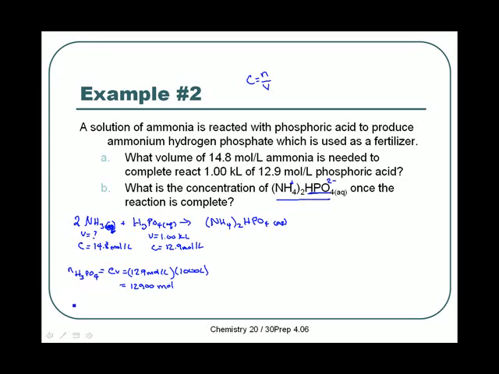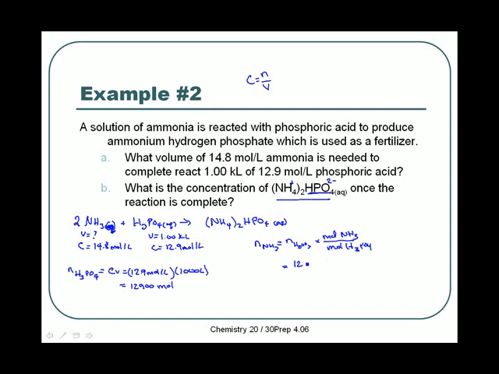And now I can find the number of moles of my unknown, the number of moles of NH3, which is equal to the number of moles of H3PO4 times my mole ratio, which is moles of NH3 over moles of H3PO4.